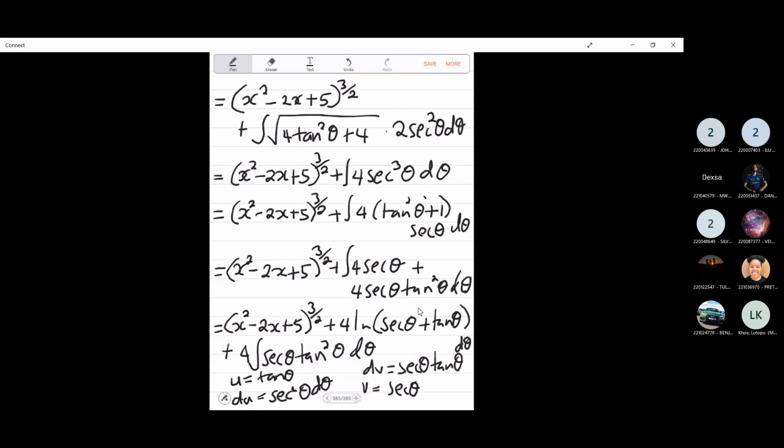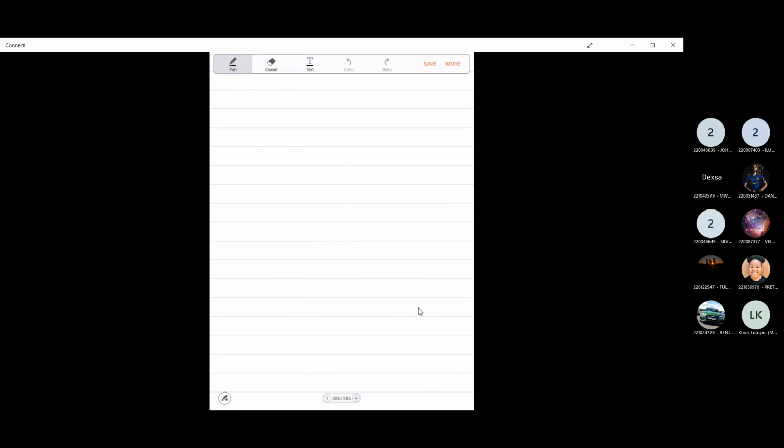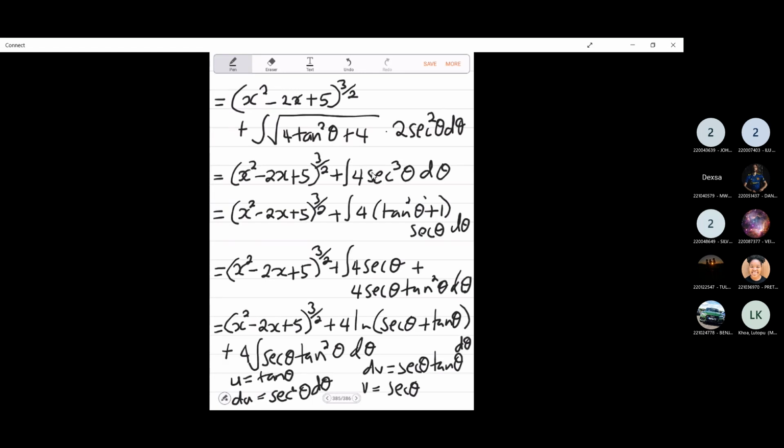So maybe it'll help if I write like this: the integral of 4 sec cubed theta d theta. Okay, so I'm just looking at this part here.